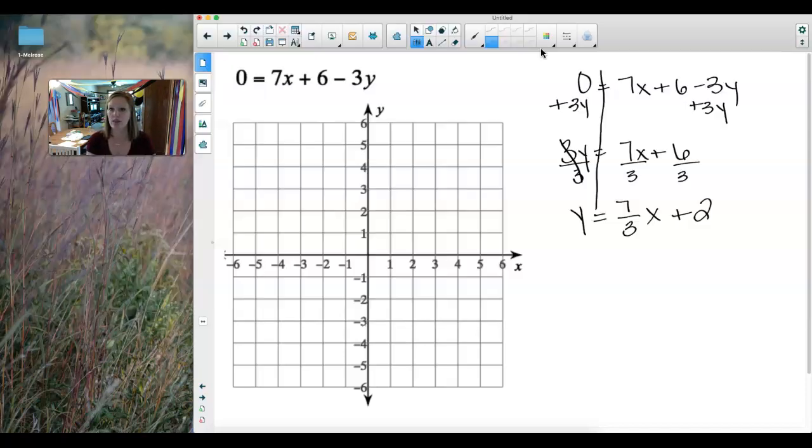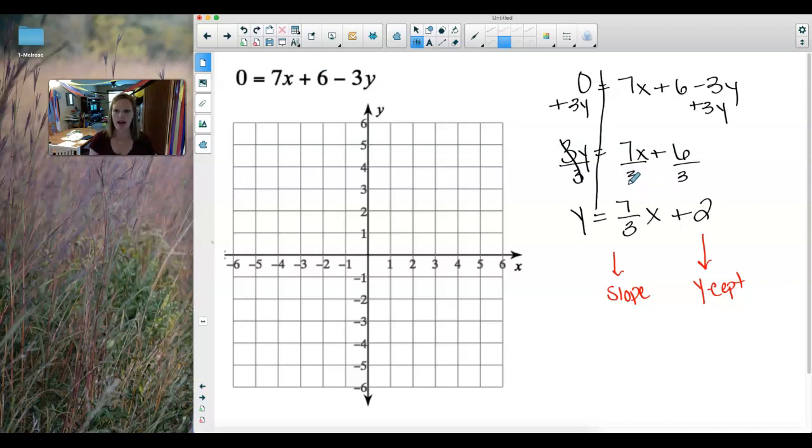Now this right here, the 7 over 3, that is your slope, and the 2 is your y-intercept. So here's how we're going to graph it, and it's going to be really easy. We're going to start with the y-intercept. I always start with the y-intercept, which is a positive 2.